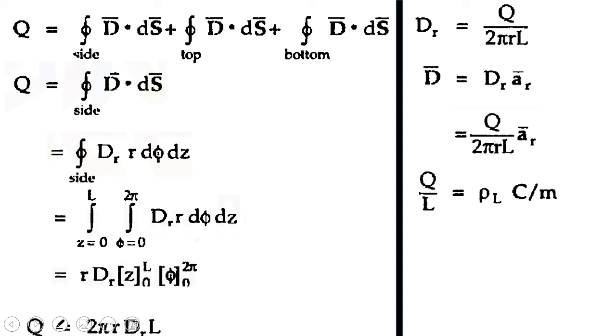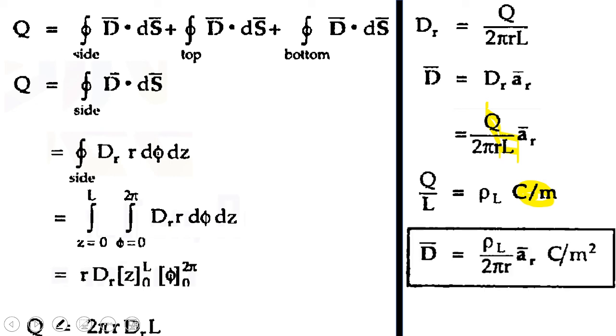From the unit itself we can determine that it is coulombs per meter. So we have Q by L; replace this by ρ_L. So the D vector will be equal to ρ_L divided by 2π r into a_r vector, coulombs per meter square.